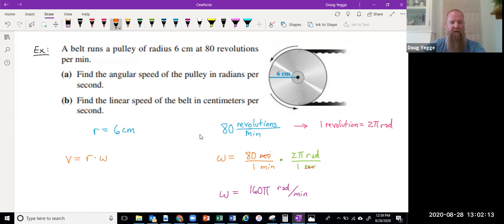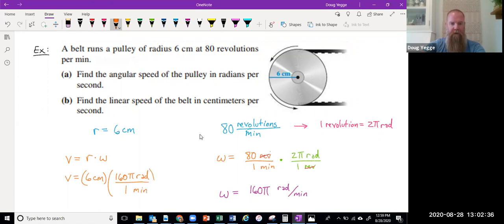So in this case, I could see that v, velocity, is equal to my radius of 6 centimeters times, and let me write out the units here, 6 centimeters times 160 pi radians per 1 minute.